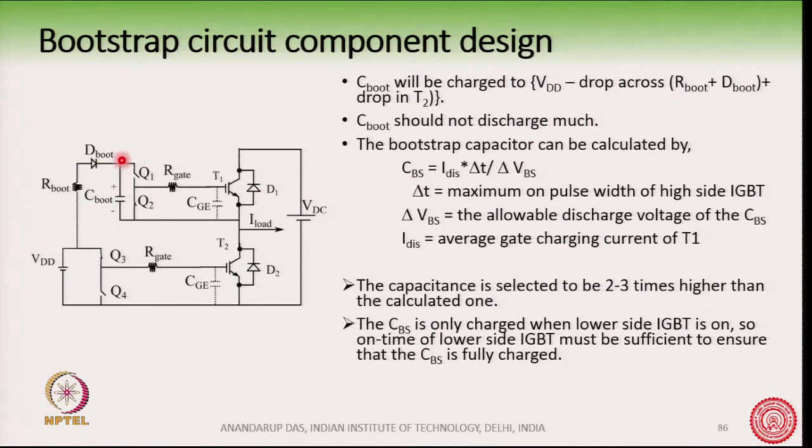So, this is for the discharging part, how much delta VBS, but at the same time this device here should be sufficiently turned on. The PWM pulses should be such that this capacitor gets the time required to get back its charge from this supply here.